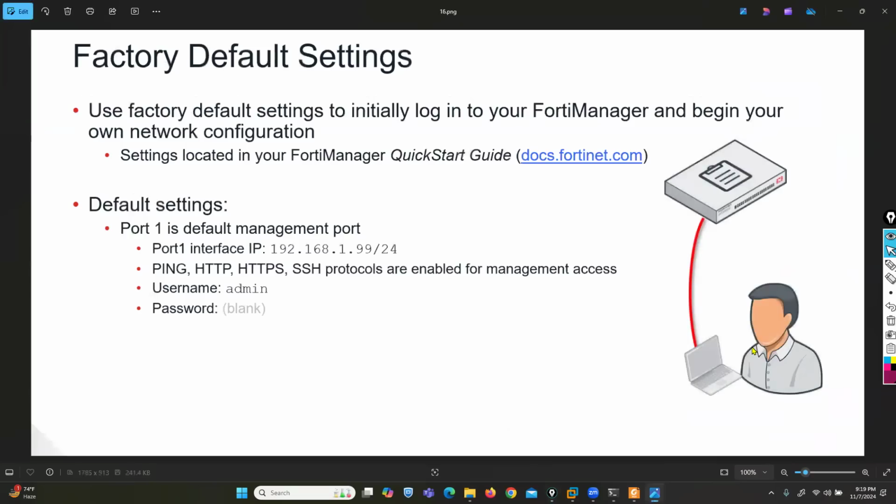Now, wait. What is the default factory configuration? If you are working with any high-end appliance, you get a dedicated management port. But if you have an entry-level FortiManager appliance, you can use port number one as a management port.